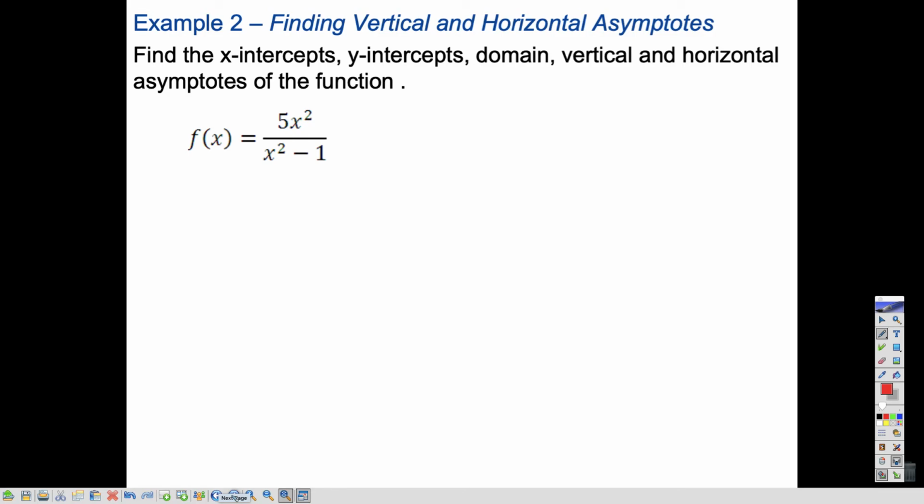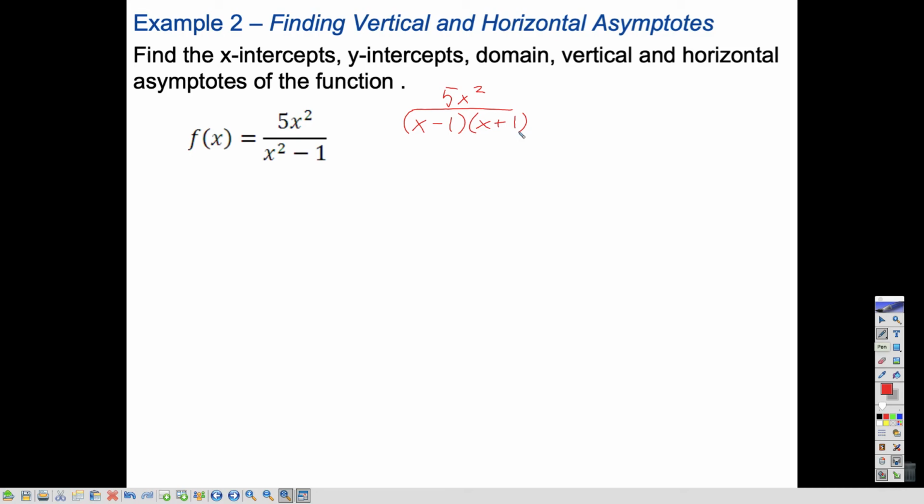I don't think your directions will say it today, but I would encourage you to do it. It's not hard. Okay, first step, write it down. So 5x squared over x squared minus 1. Then I have to factor. So I have 5x squared over x minus 1 times x plus 1.